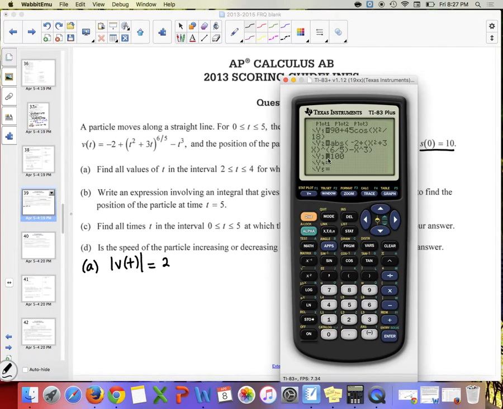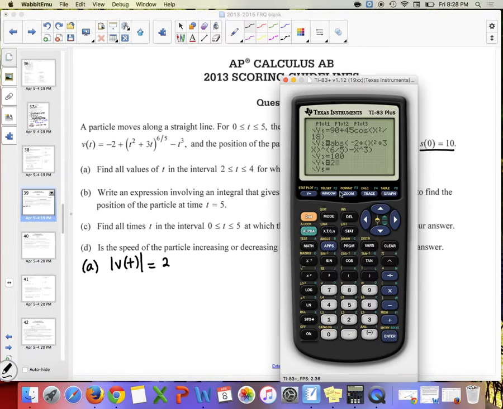And then I want to get rid of these other two equations because those were from the last example. So I'm just going to deselect those equal signs. And I always try to keep all of the equations on the calculator section in my calculator just in case you have extra time and you can go back and check. So I leave them in there. All right, so I want to find when my absolute value function is equal to 2.